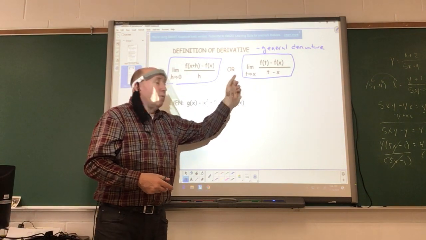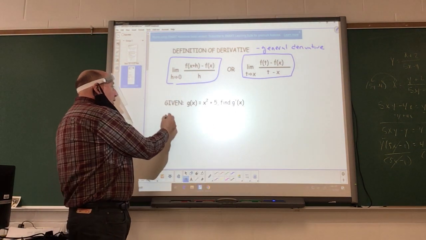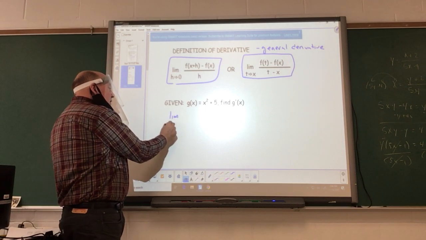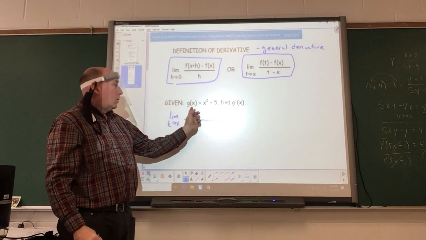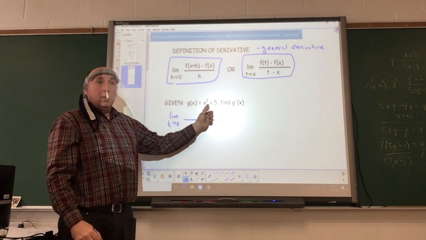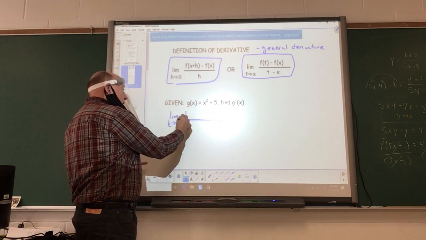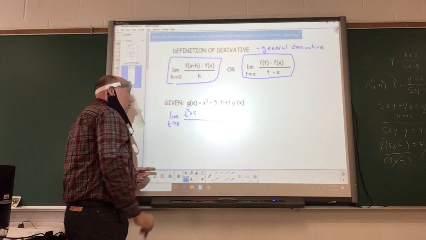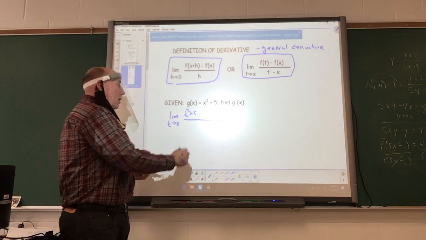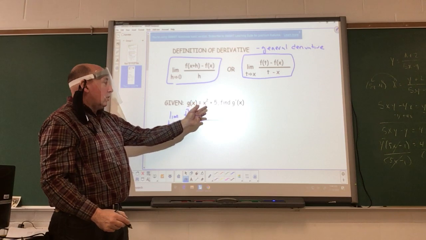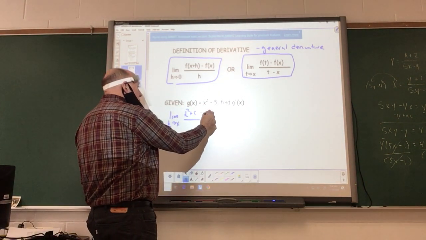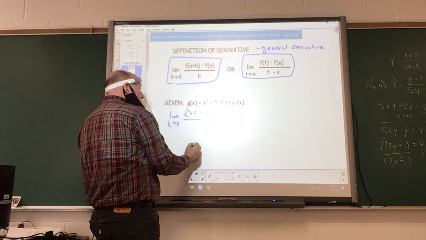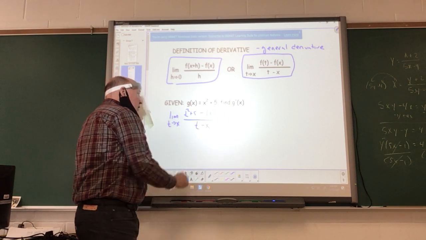So we have the limit as t approaches x of f of t, which means wherever I see an x, I'm putting in a t. So we have t squared plus 5 minus f of x, or g of x, it does not matter, x squared plus 5, over t minus x.